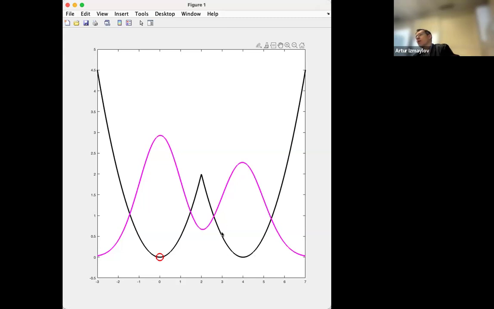While the classical particle, because we were not given any velocity towards the other well, it just stays there and doesn't really move anywhere. So quantum and classical behavior in this case is very different. Okay, so this is an example where things are very different.